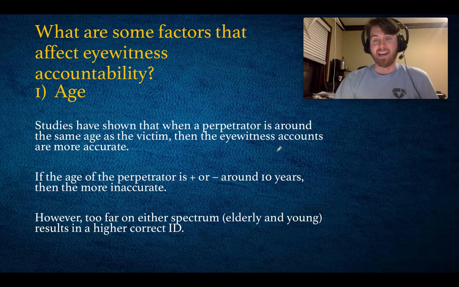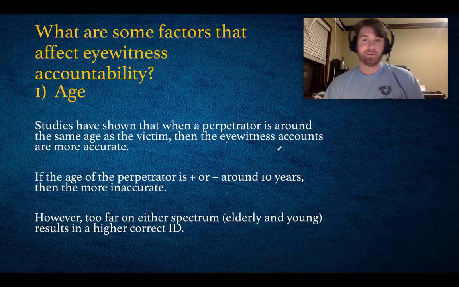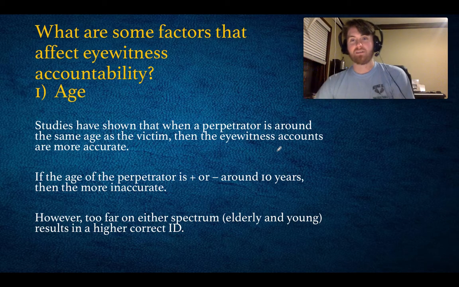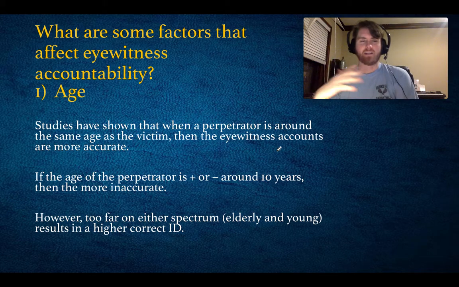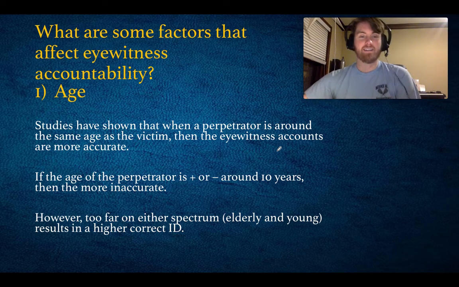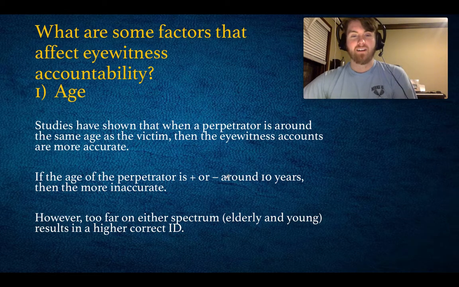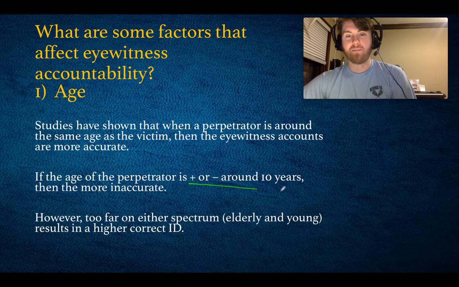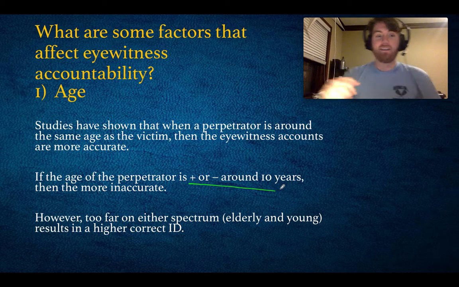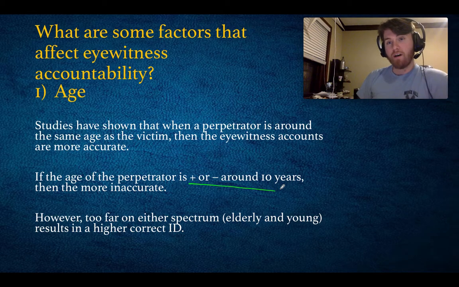So, let's talk about some traits that can influence an eyewitness testimony. The first one is age. These aren't in any specific order of effectiveness, but age is really interesting, because if the age is around plus or minus 10 years, then it's much more accurate.